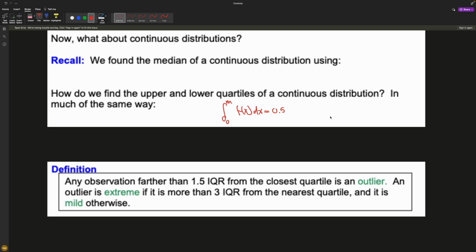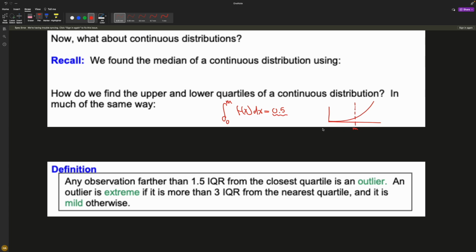This is how you find the median of a continuous function. We learned that in the previous lectures: if I have a continuous function, let's make it exponential, and I want to find the median, I will set it to 50%, and that will give me the midpoint, whatever m is.